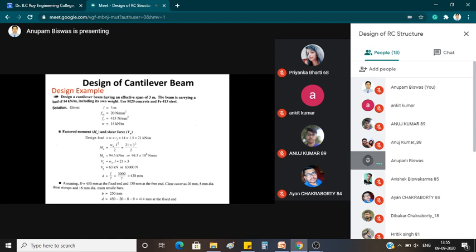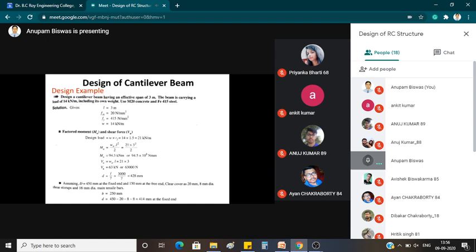So we will get the ultimate moment. Mu is w L squared by 2, so from here we get the value of the factored moment, and shear force is w into L, so the value of Vu is also obtained.